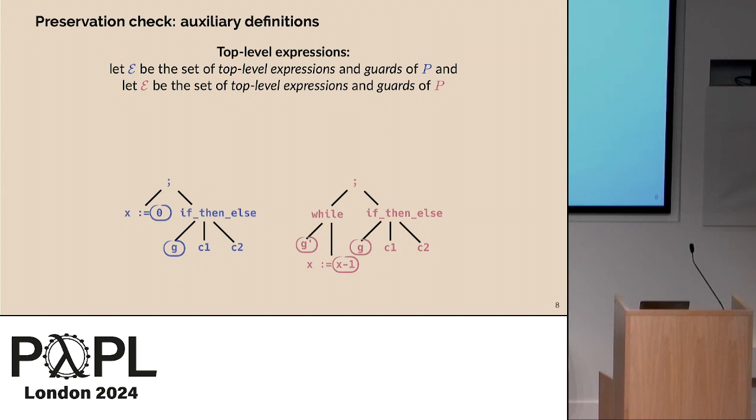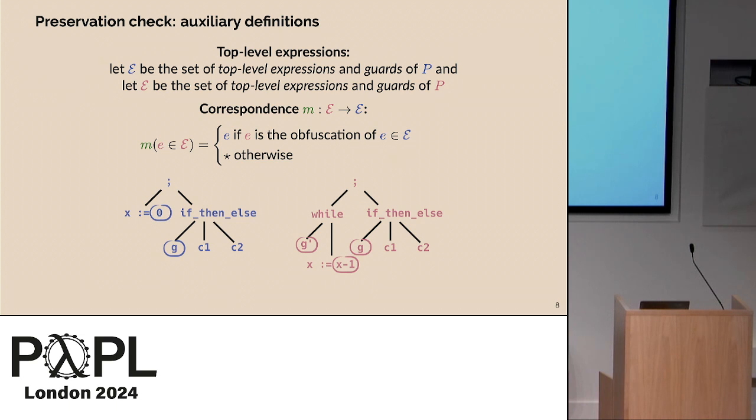And on top of that, we magically build this correspondence M, which maps, let's say, target-level top-level expressions to their source-level counterparts. So G is mapped back to G. X minus 1 is mapped to this star thing to denote that this is new.